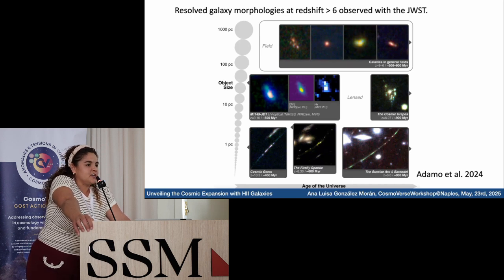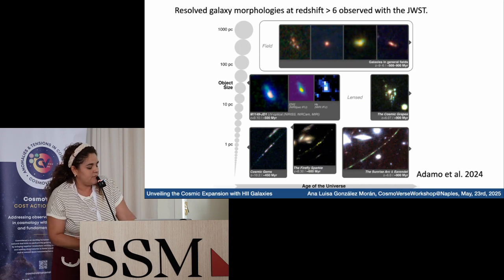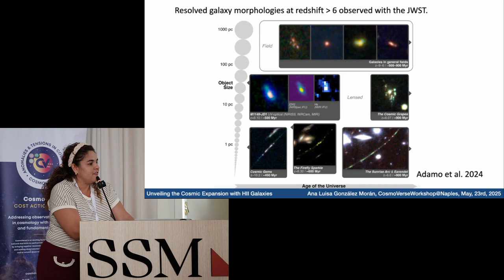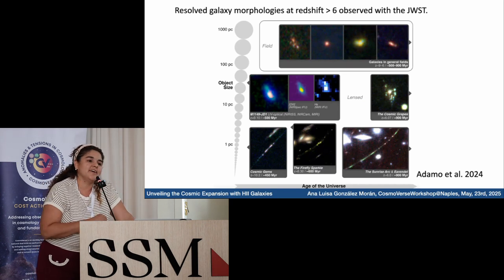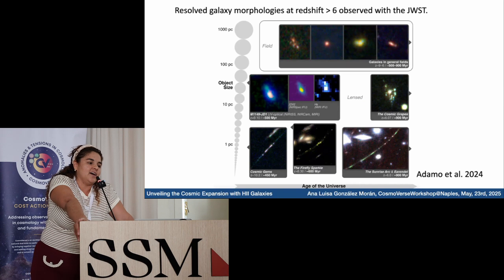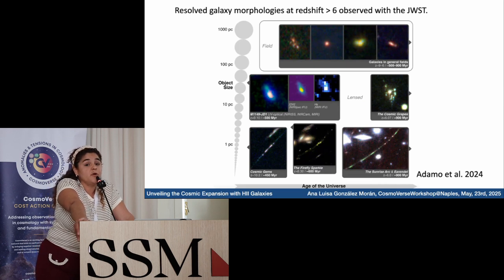We can see, for example, emission lines such as oxygen 3 and H alpha down to parsec scales. And when we look at these gravitationally amplified galaxies, we can see individual clumps in those galaxies. This is amazing, because we go to parsec scales at a redshift higher than 6.